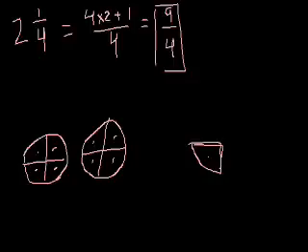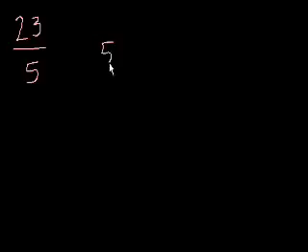So let's go the other way. Let's figure out how to go from an improper fraction to a mixed number. Let's say I had 23 over 5. So here we go in the opposite direction. We actually take the denominator, we say how many times does it go into the numerator, and then we figure out the remainder. So let's say 5 goes into 23.